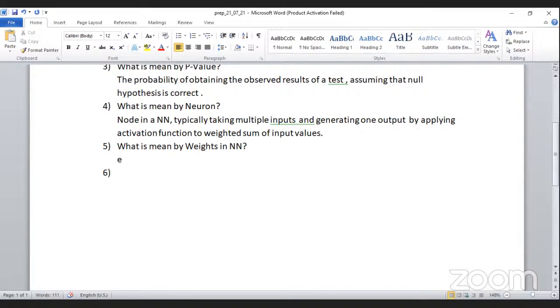As you are saying, it is just tweaking our model while training; as we assign the weights to our model, it tweaks our model. So these are nothing but edges in a neural network.